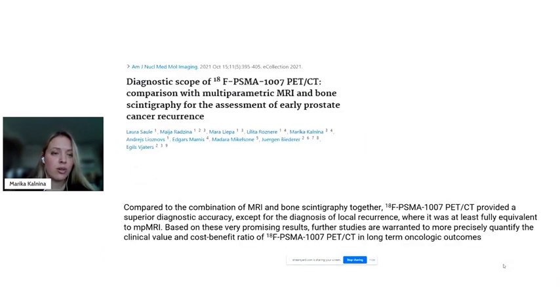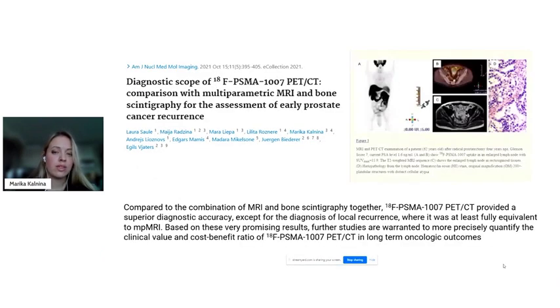And we also did our local investigation. We took our patients, and this is our latest publication from our group from Riga Stradins University.